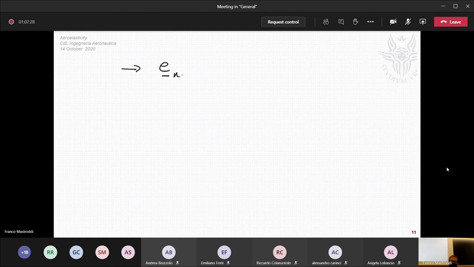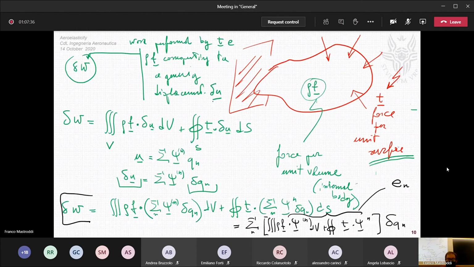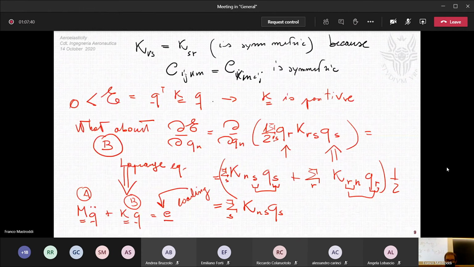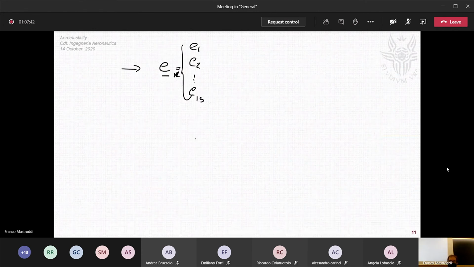Em is a vector of components like E1, E2, up to E13. Remember, what is it? 13247, the last one.